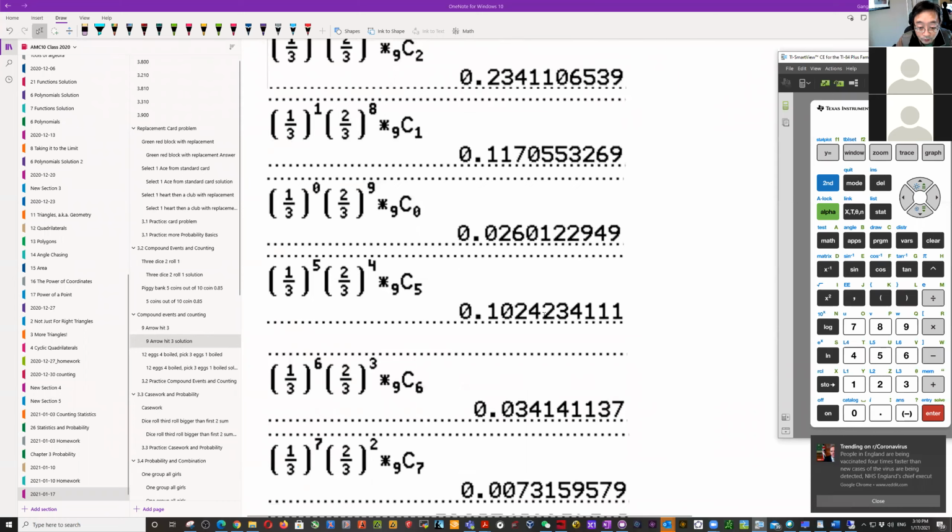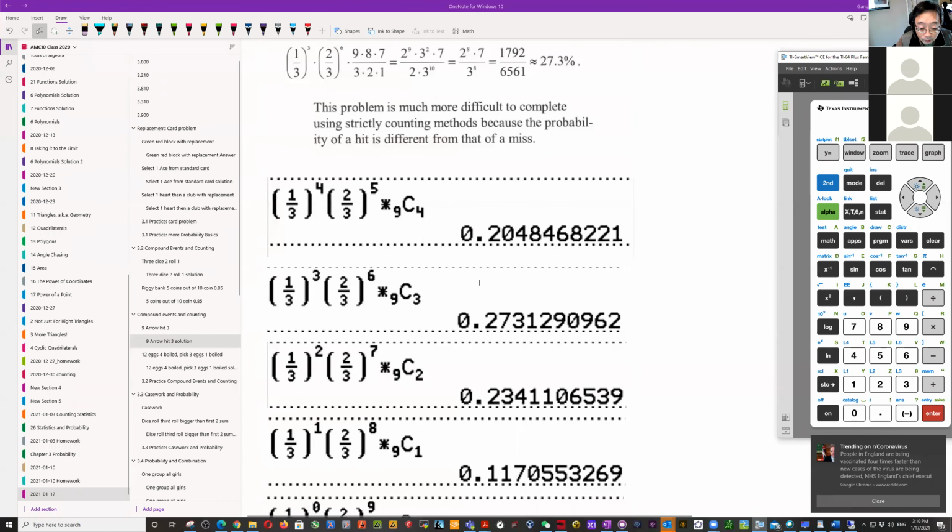For all the probability, hitting less than 3 arrows seems to be a little bit higher than the probability of hitting more than 3 arrows.